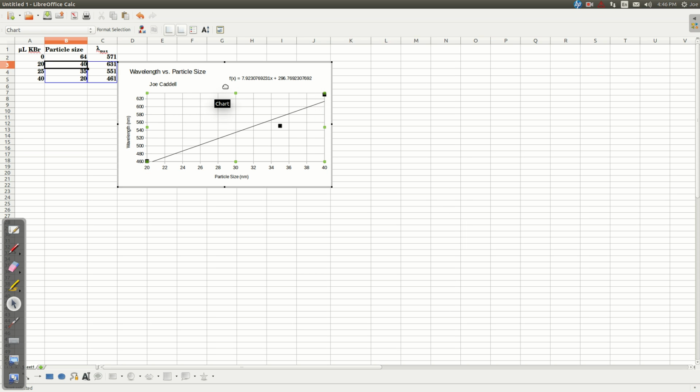So once you have this, then all you have to do to calculate your particle size is put the lambda max for your unknown in here for f of x or y. Solve this equation for x. X will be the particle size in nanometers of your unknown.